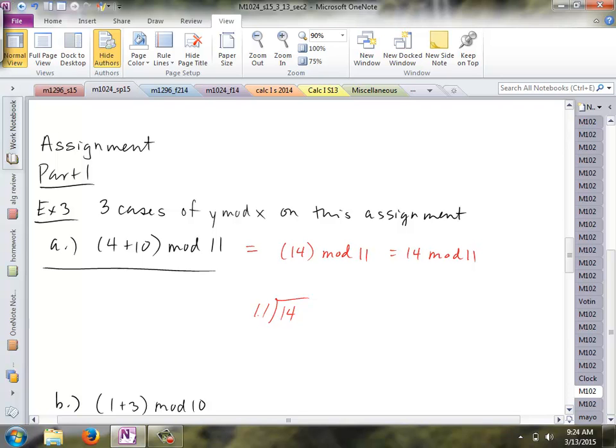So 11 goes into 14 once, so there's one cycle of 11 in there. We want to know where we are in the cycle of 11, or in other words, finish the division problem, find the remainder, and that's the result. So we're 3 hours along, or I'm using hours again, this could be something else, but the result is the remainder, which is 3.